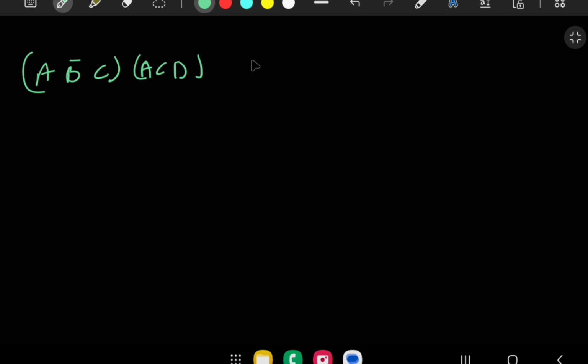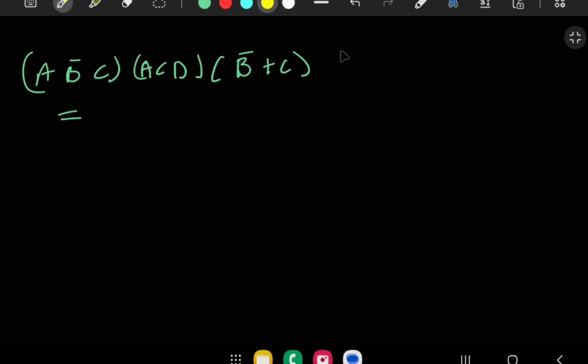So you'll get a b bar c, and you'll get a c d, right? And b bar plus c. Now you can further simplify. From where are we talking about this?